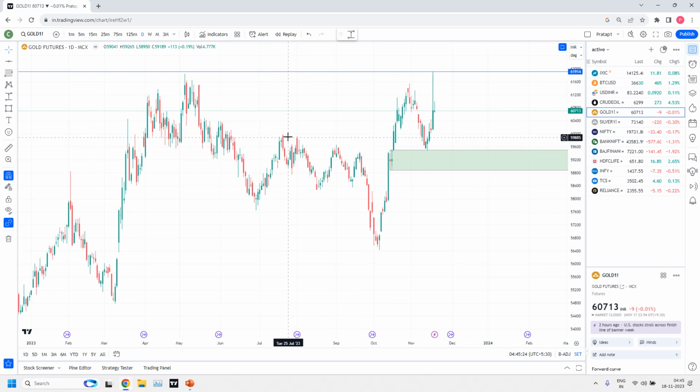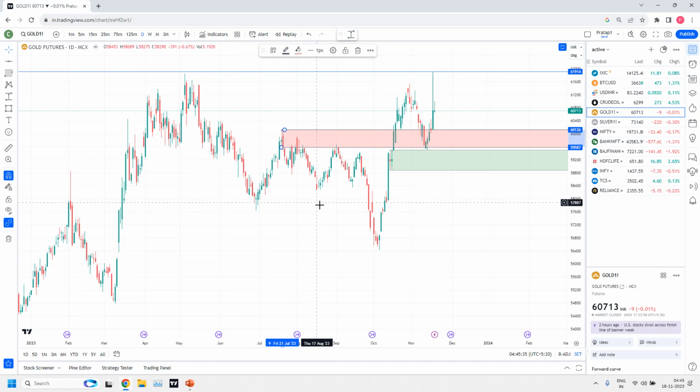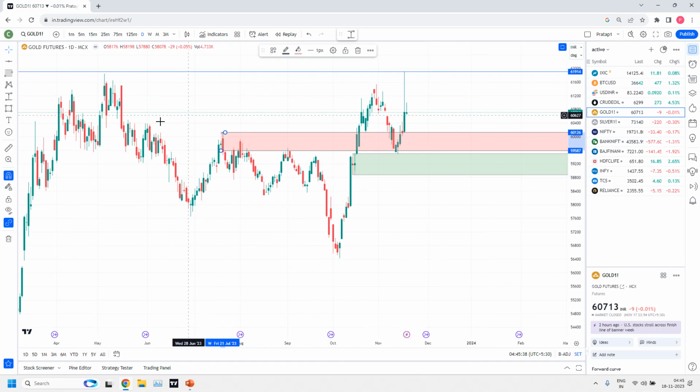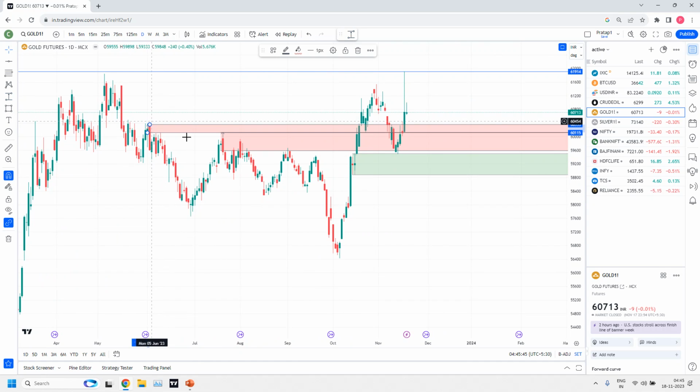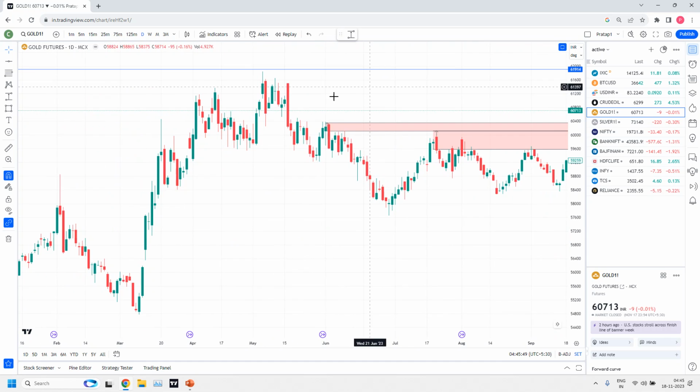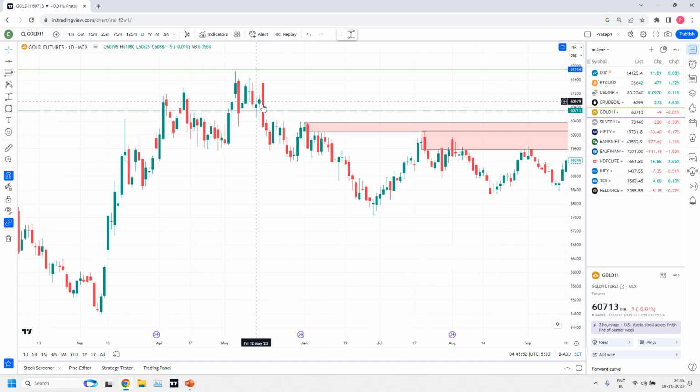See here, this stock has a supply zone here. It is violated during this move. Let me draw. Similarly, here is a supply zone. And here also we have a drop candle, two base candles and a supply zone. Let us draw.